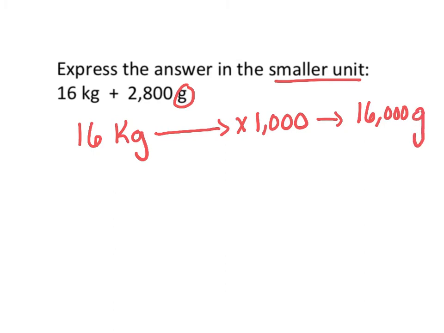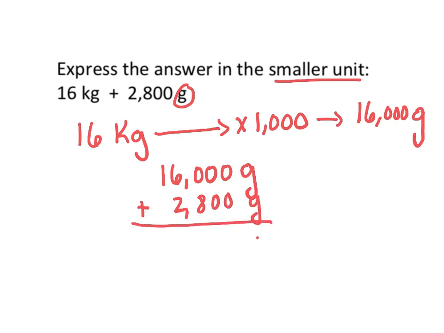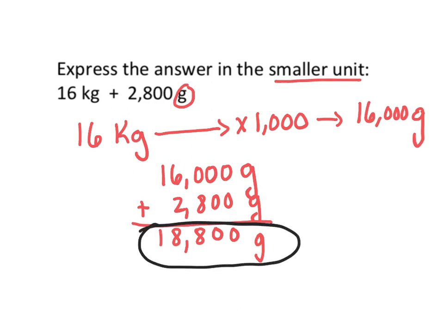Okay, so now since we converted it into a smaller unit, grams, we can just take 16,000 grams, add it to 2,800 grams, and we get 18,800 grams. And again, that's a lot faster compared to what we just did in the previous problem, but it's nice to see different ways. And again, we converted this all into the smaller unit of grams.